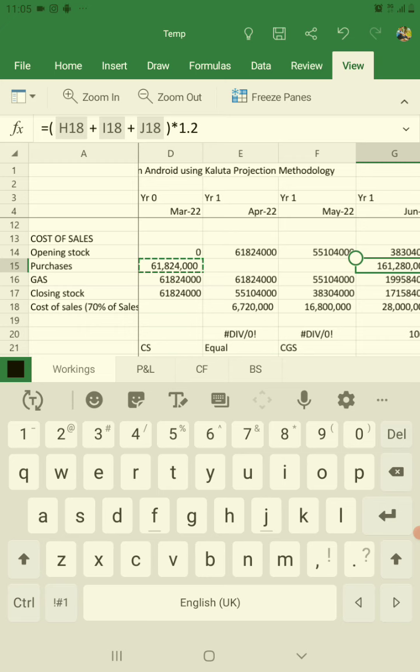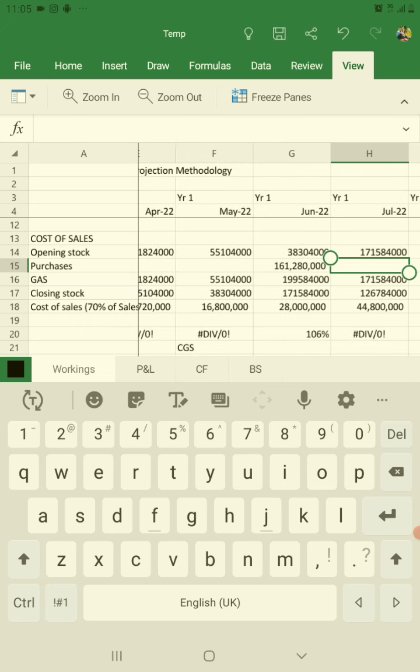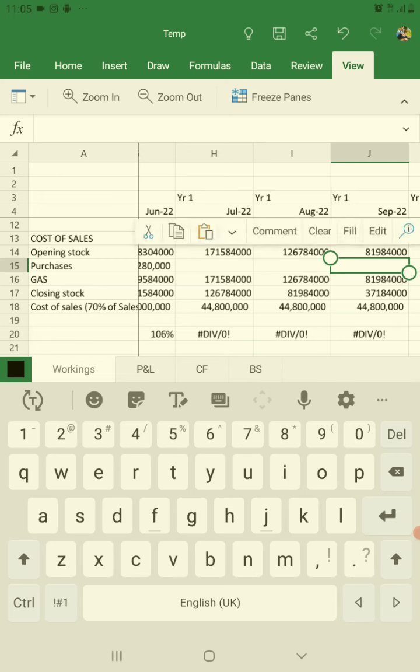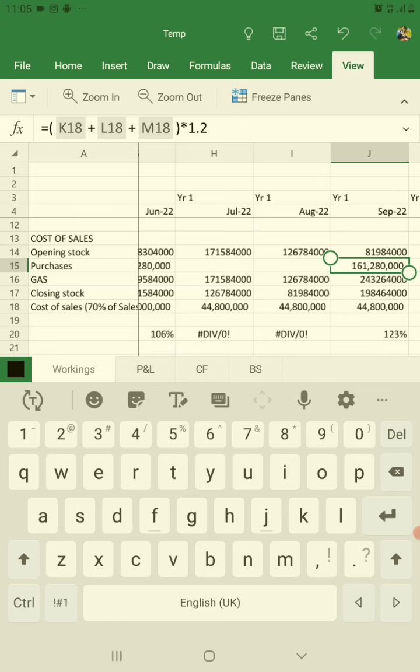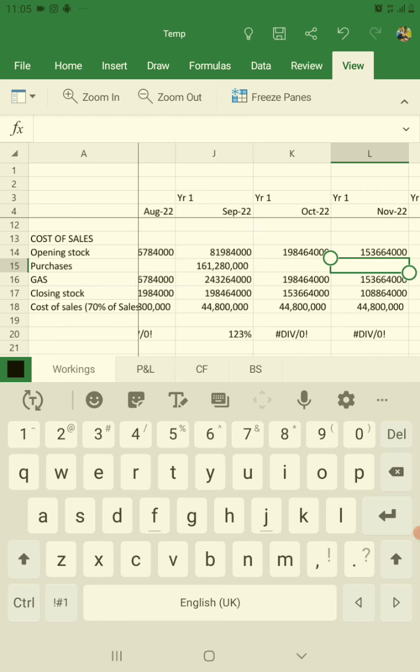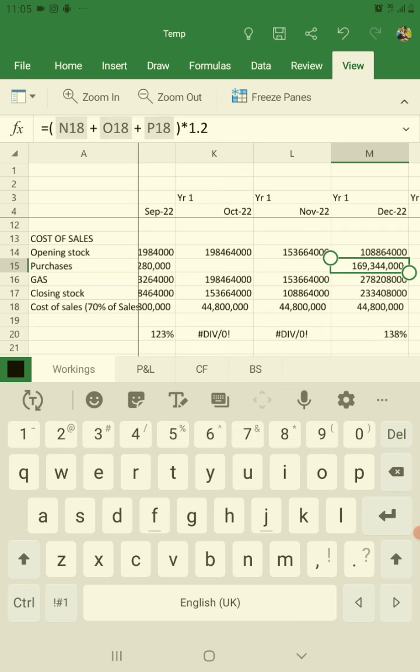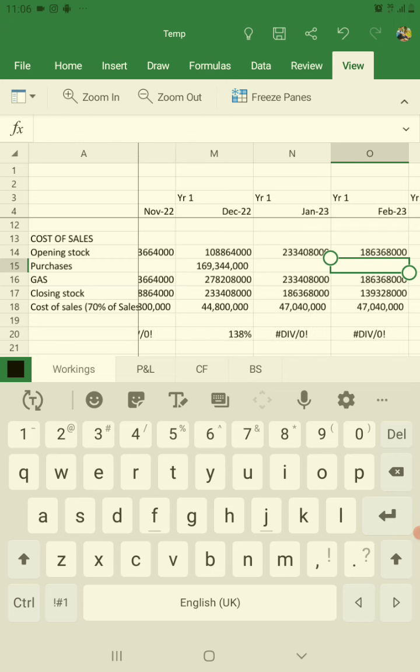So the same principle I'm using. 1, 2, the third one I paste that formula. 1, 2, the third one I paste the formula.